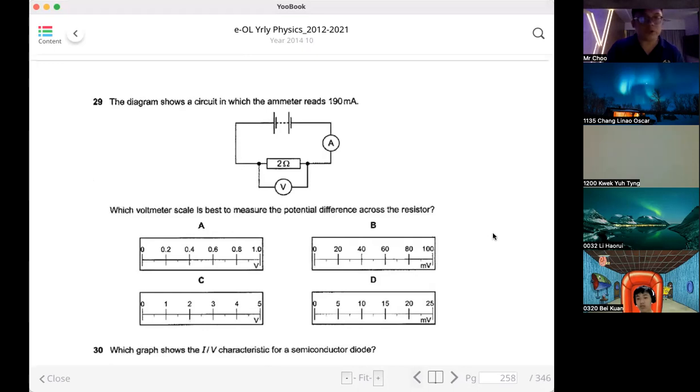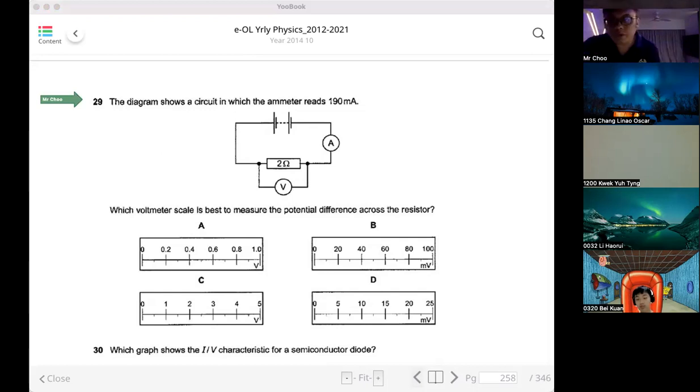Okay, all of you go and do question number 29. You all may begin. Pei Kuan, correct.